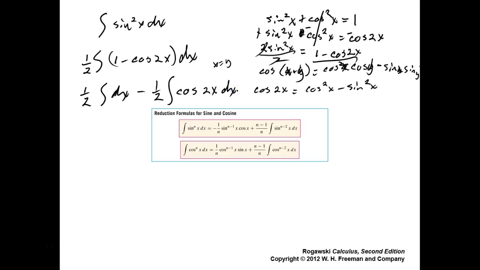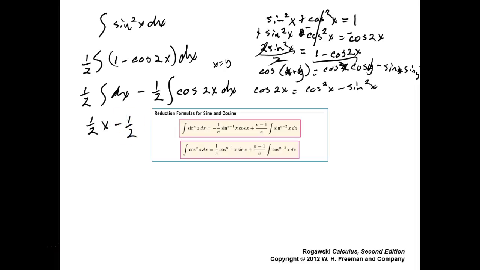How would you do that? The first integral we can do, what would that be? First integral will be it's just x, 1/2 x, okay, minus, we'll do the 1/2 here.